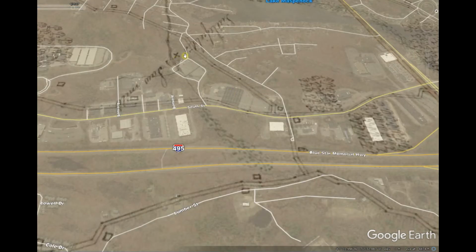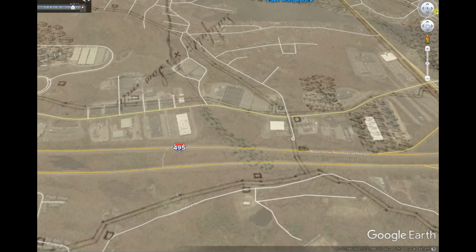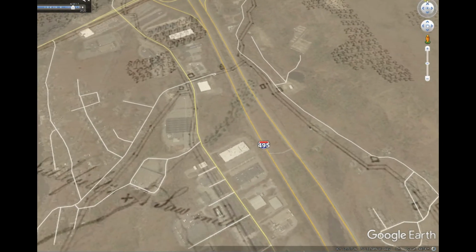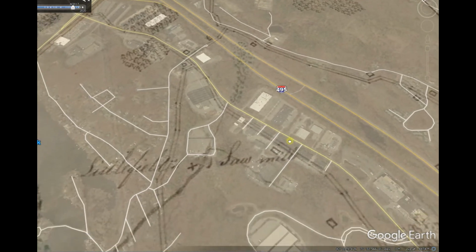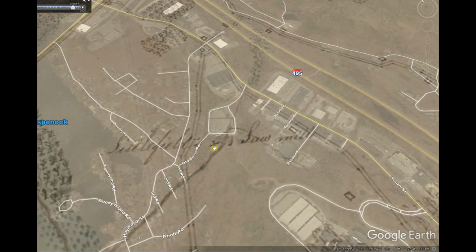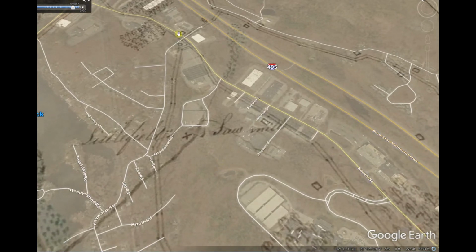And the next point of interest along Old Town Road going south is this area over here. I'm going to spin this back north-south. And as we can see here, we have Littlefields Sawmill. Littlefields Sawmill was the first stop here going south on Old Town Road, and it looks like there was a mill pond of some sort right in this vicinity here.